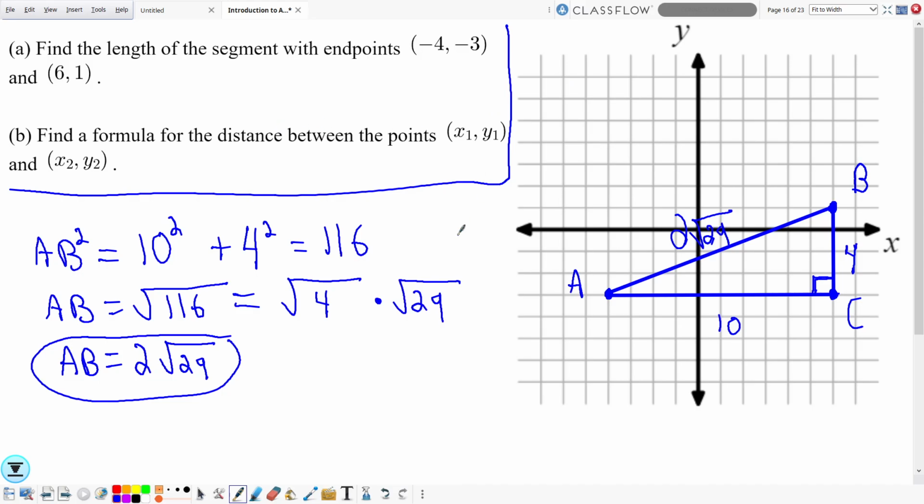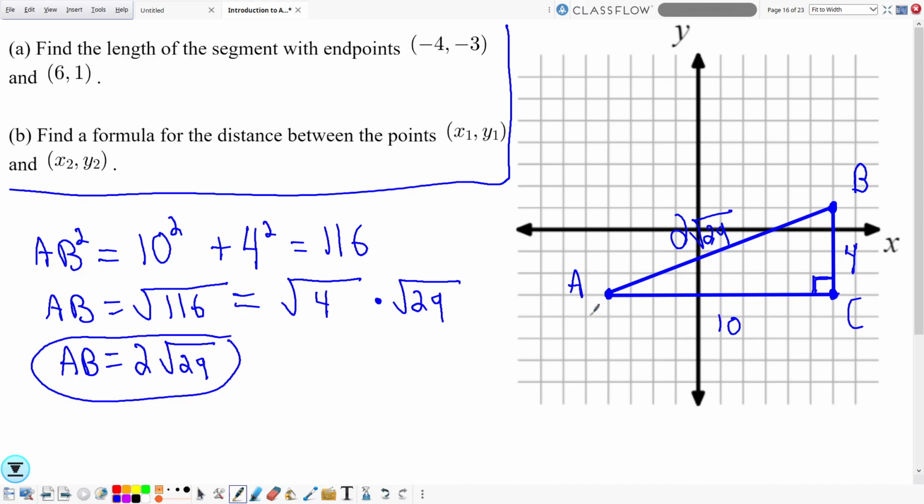But part B is asking us for a formula using these arbitrary points x1, y1, and x2, y2. Well, pretty much whenever we're developing a formula, we just use the same idea we did to get the answer without the formula. So like A, right?